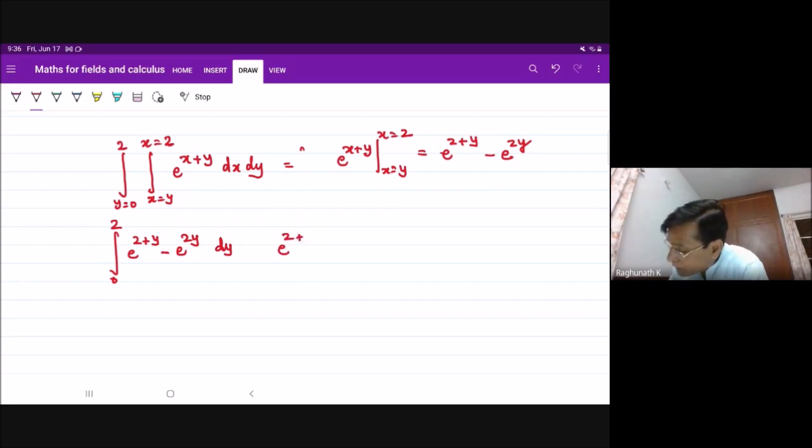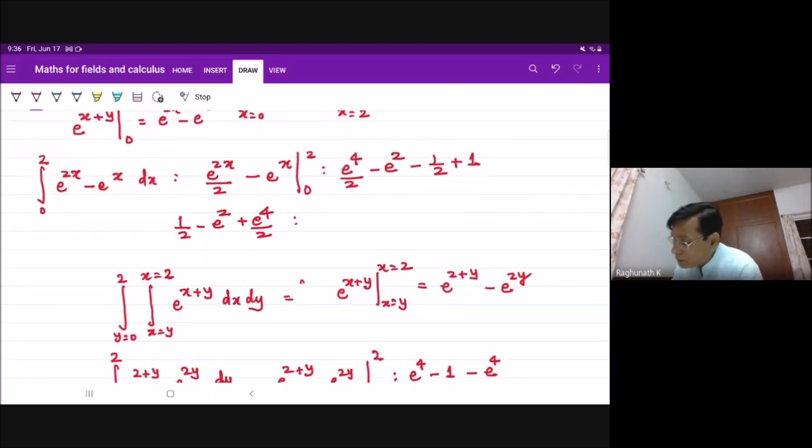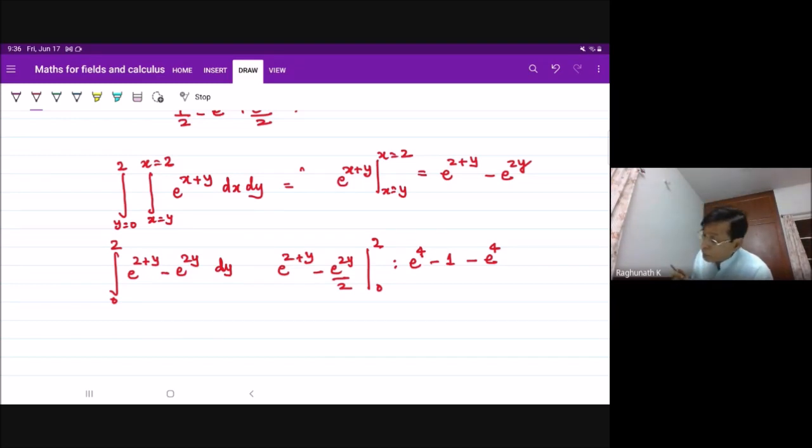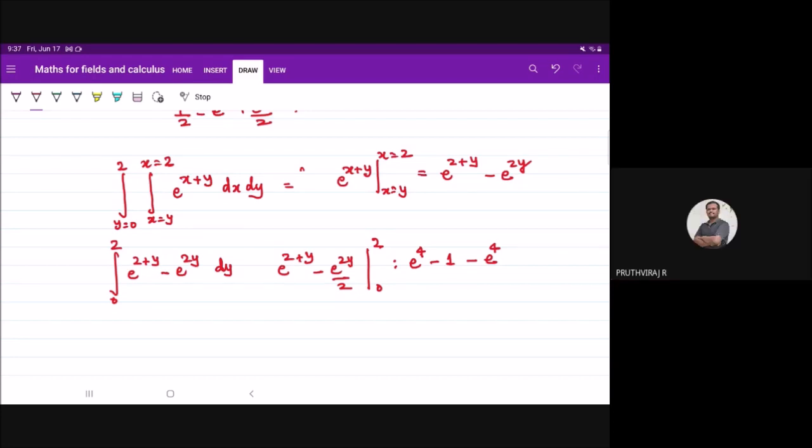E power 2 plus y minus e power 2y by 2 from 0 to 2, which is e power 4 minus 1 minus e power 4, e squared, e power 2y, e power 4 by, tell me.